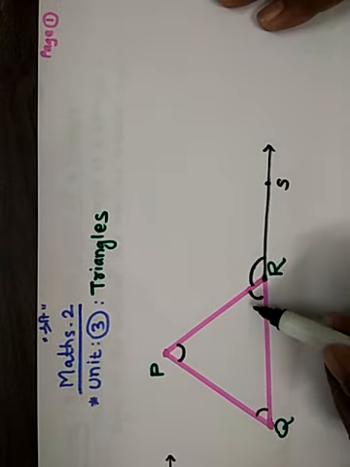This angle forms a linear pair with this adjacent interior angle. This is the adjacent interior angle, and these two are not adjacent to it. So angle P and Q are interior angles, but they are the remote interior angles. Remote means in Marathi दूरस्थ.